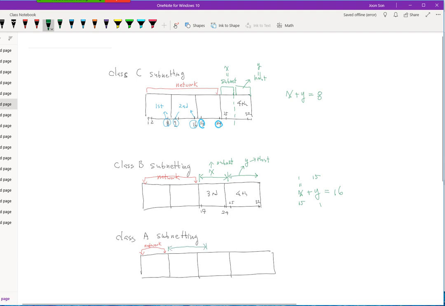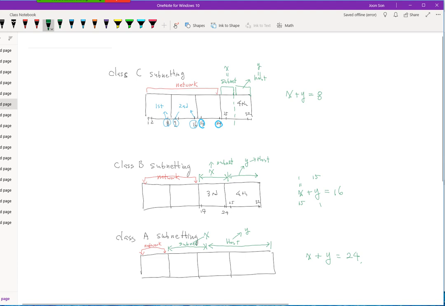This is the subnet portion, and then this is the host portion. The number of bits used for the subnet portion, I'll call X. The number of bits used for the host portion is Y. So for class A subnetting, X plus Y is always 24. Okay? So any question?